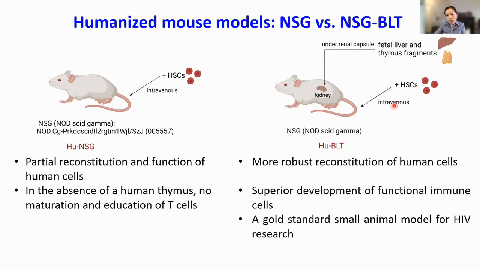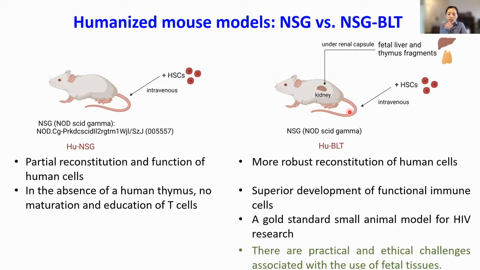In this situation, there is significantly more robust reconstitution of human cells, and superior development of functional immune cells. For the past many years, it has been considered a gold standard small animal model for HIV research. That being said, there are practical and ethical challenges associated with the use of fetal tissue.